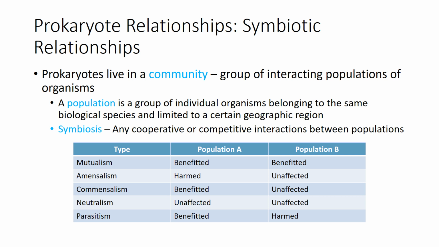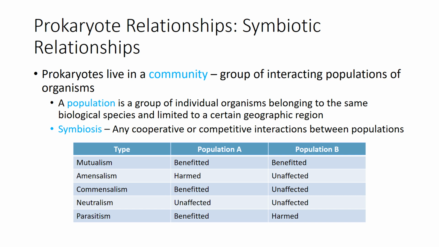And the type of relationship and type of effects we see, we call different symbiotic relationships. And this table here, directly from your textbook, shows you some different types of relationships. With a mutualistic relationship, both groups are going to benefit from each other.